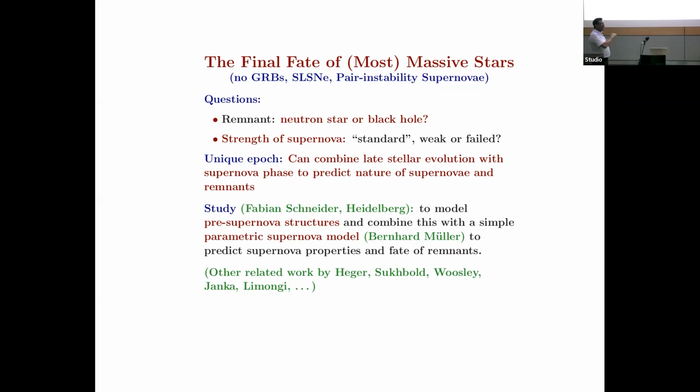So he has developed a simple parametric model that has all the physics you see in the 3D calculations, and it's also calibrated to explain observed supernovae. So with this, we're in this unique situation that we can combine and make actual predictions. There's other work along those lines, but I think we are taking this a bit further.